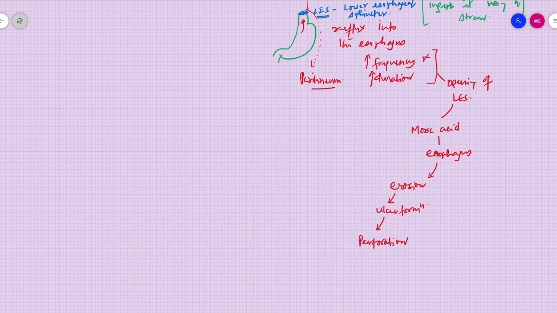This perforation can cause peritonitis, and this peritonitis is life-threatening, which is not desired. So this is one of the consequences.